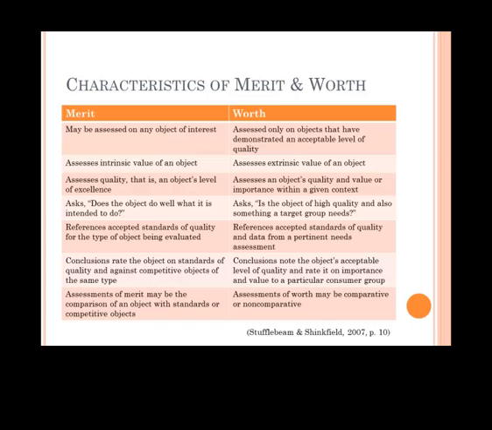Is it well designed? Is it a high quality program? Whereas worth is focused on the extrinsic value of an object. What do people outside of this program or this product or this policy, how do they view it? So merit focuses on intrinsic value, worth extrinsic value.